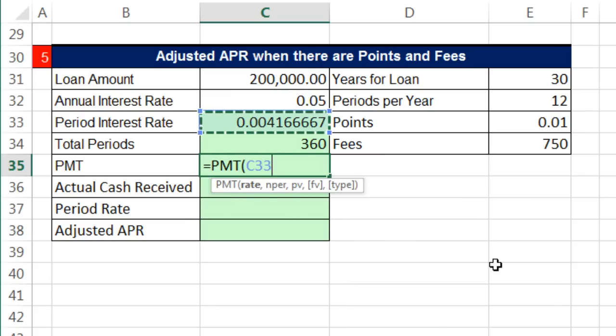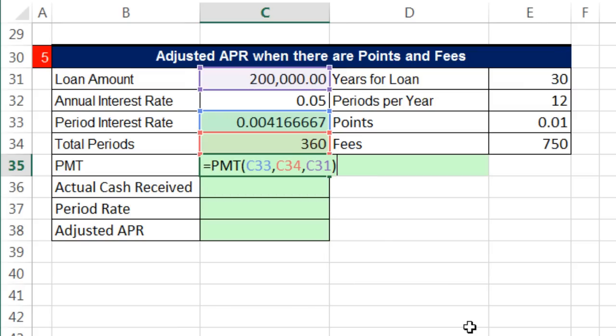The rate, that's our period rate, comma, total number of periods. The present value, that's the full $200,000, and it's positive because we go to the bank and say, hey, give us some money, and it plops into our wallet, right? But we immediately give it to whoever we bought the house from. No balloon payment at the end, and this is N, so we leave those last two arguments off. Enter.